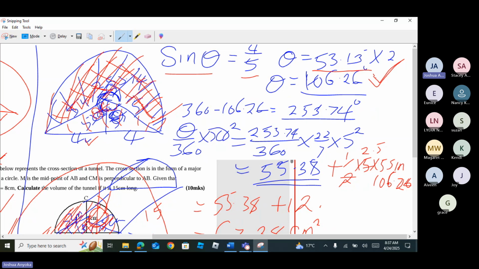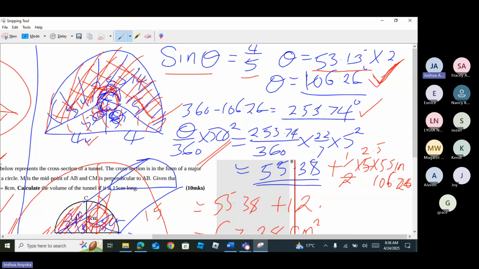We don't want 106.26. We want the reflex angle, the angle which is subtending the sector. 360 minus 106.26. We get the answer 253.74. Area of a sector, theta over 360 pi R squared.